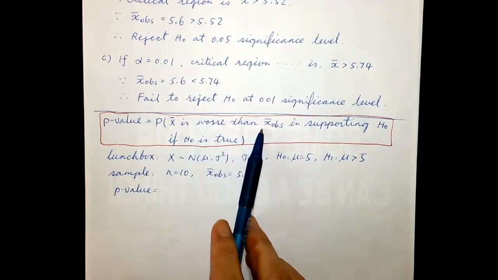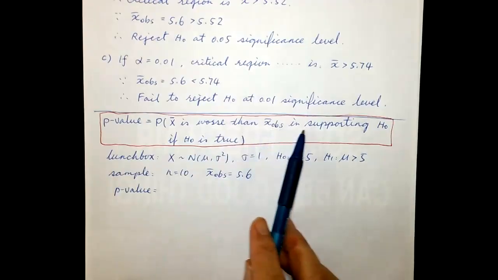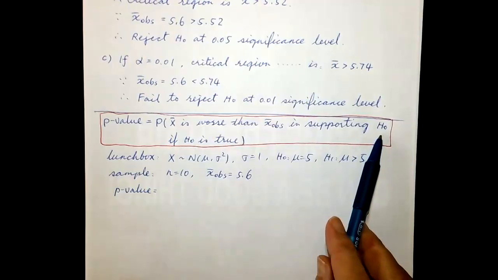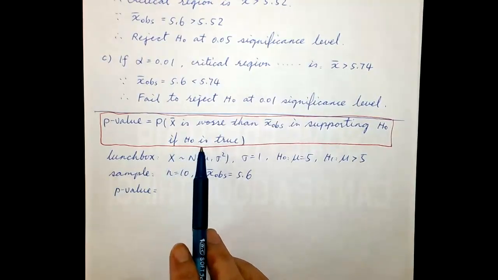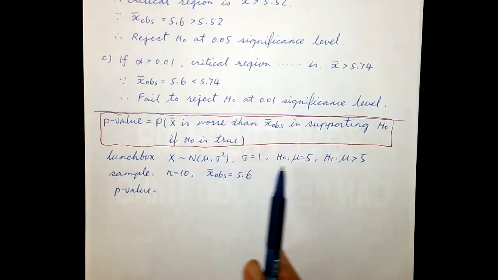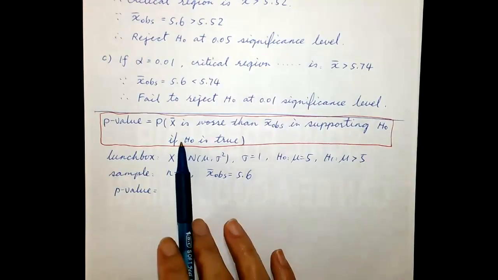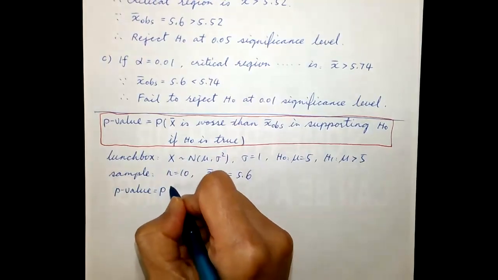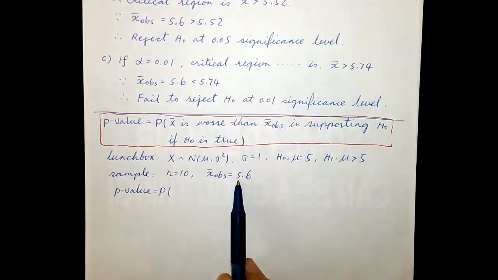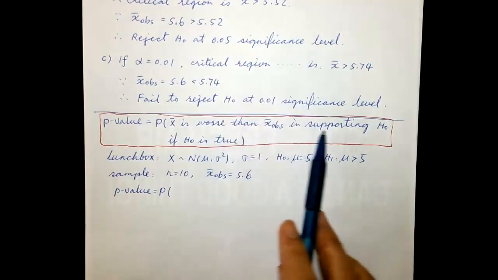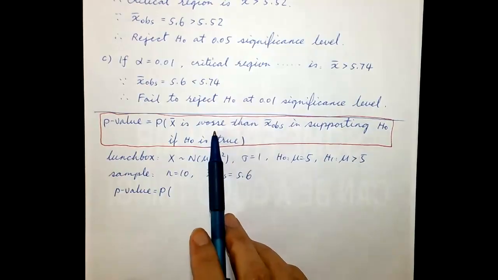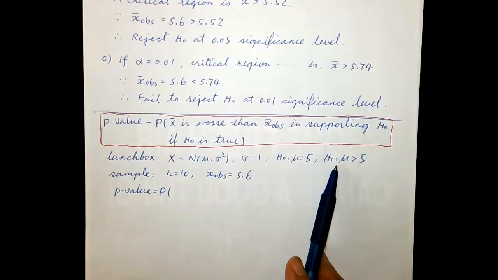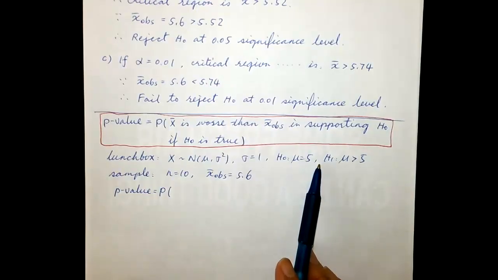The big decision is what is worse than the current sample mean in supporting H naught, right? This phrase is the confusing one. If H naught is true, we know very clearly when H naught is true, it means mu is 5, that's all. We can leave that. So which side of X bar compared to this 5.6 is worse in supporting H naught? If it's worse in supporting H naught, it means it's better in supporting H1, right?